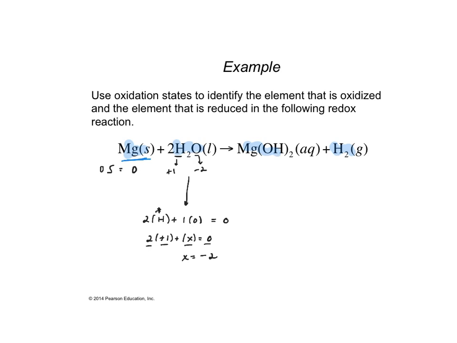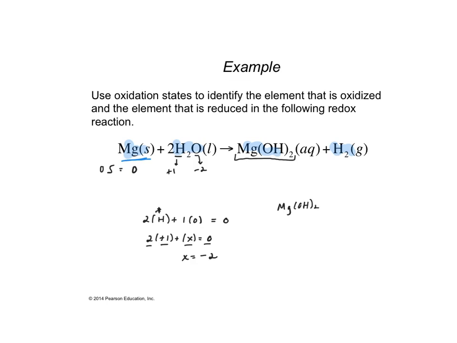Okay, so that's the reactants. But to know whether or not something is oxidized or reduced, we have to see what happens to their oxidation state in the products. So I'm going to go over to my products. I've got my first product, magnesium hydroxide, and I'm going to do the exact same thing that I've been doing. We've got magnesium hydroxide, Mg(OH)2.